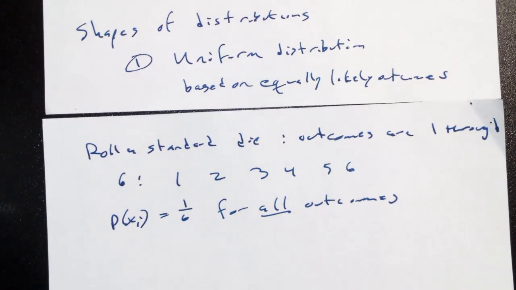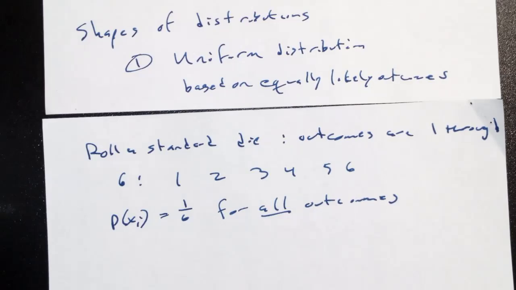But it doesn't even have to be a die. It could be, I'm going to go look at the weights of cars. Weights of cars happen to be uniformly distributed between 2,000 pounds and 5,000 pounds. So I go out and I look at a car, numbers somewhere between 2,000 and 5,000.